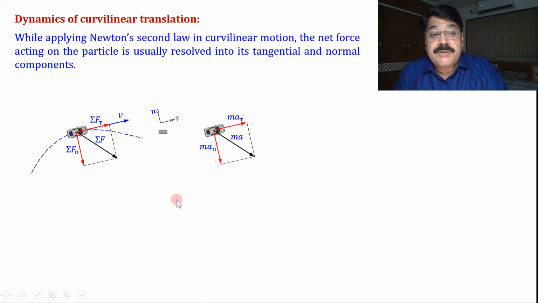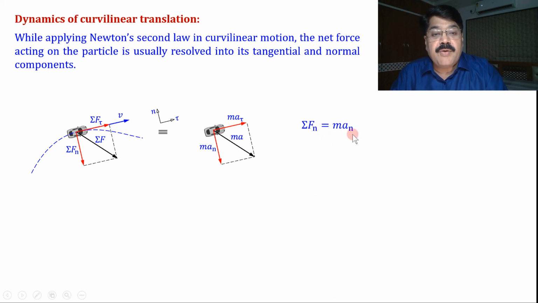Now we can write both the equations. Here, instead of taking xy axis in circular motion, we usually take normal and tangential axis. And normal and tangential axis have their orientation pre-decided. Tangential is along the tangent to the path, and normal is normal to the path. So there is no confusion in taking orientation of the coordinate axis. So what equation can we write here?